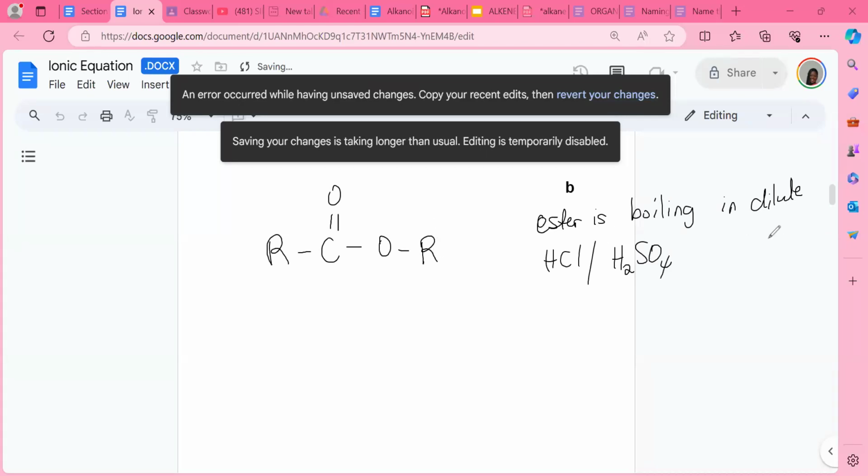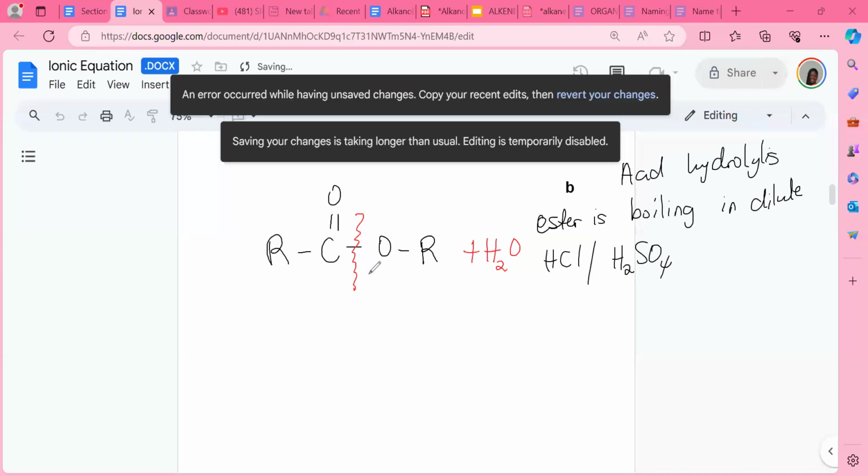So in acid hydrolysis of ester, the carbon that has the two O's, we're going to break the bond between the C and the O. So the molecule is going to break. In acid hydrolysis, we're really reacting an ester with water.